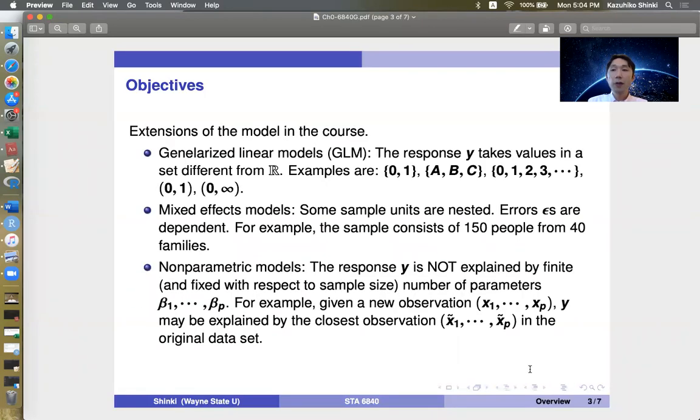Okay, so how do we extend these linear models? The first topic is generalized linear models. This is the main topic of the course. The response y sometimes takes values in a set different from the real numbers.